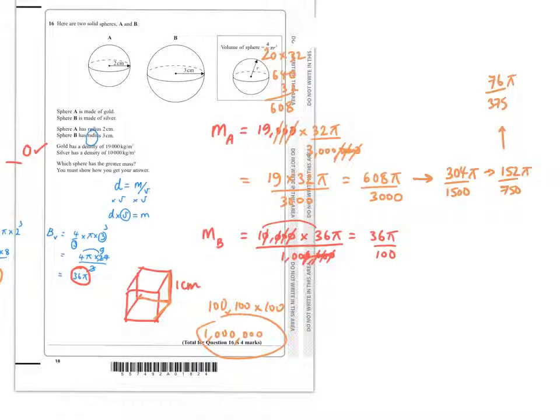And this one here is going to be 18 pi over 50, which is 9 pi over 25.